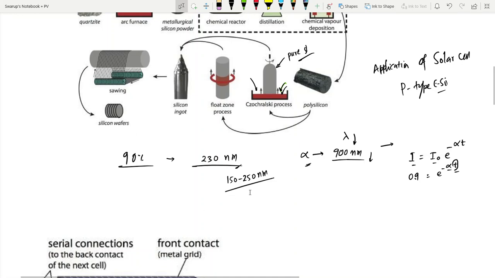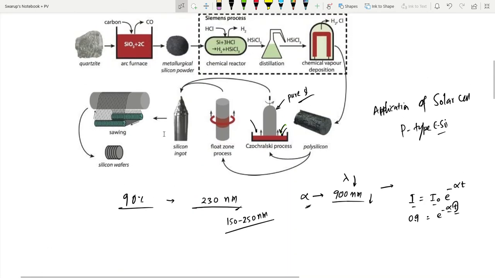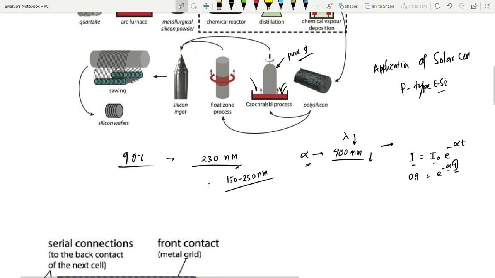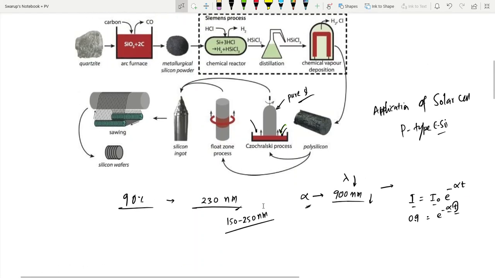But it can vary depending on the optical design we are doing, the surface structuring we are doing on the top. So it will depend, but roughly in this range. So we now know, while sawing, what should be each wafer thickness. We get it from this light management rule. It's not that we are doing it randomly.